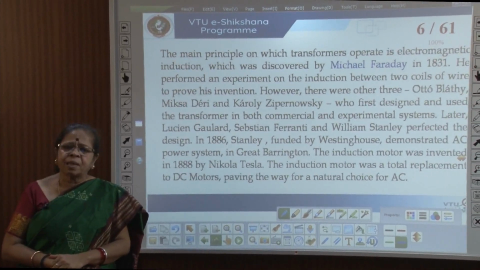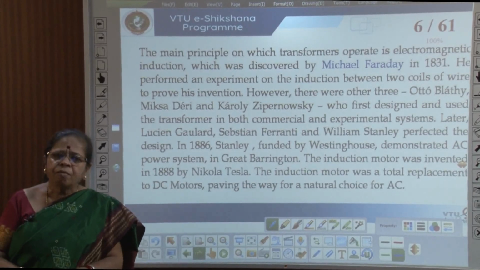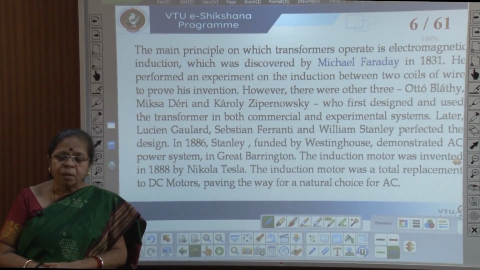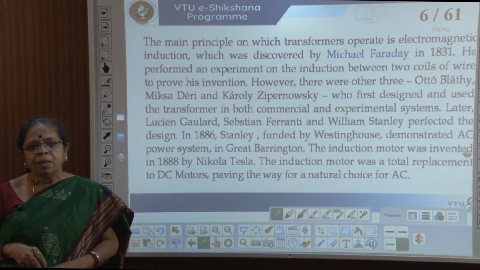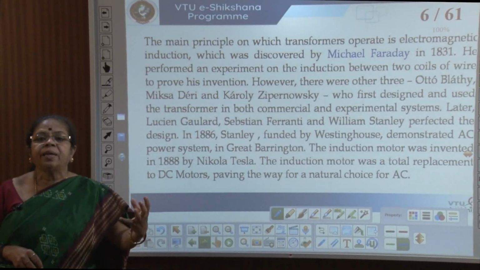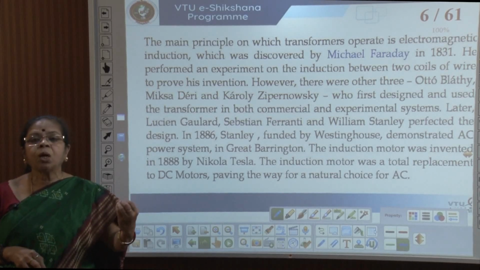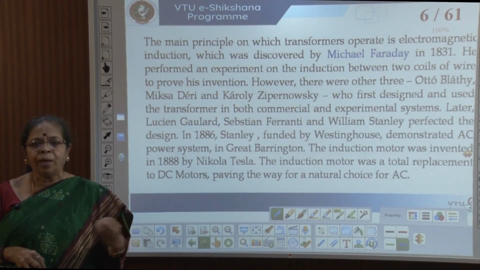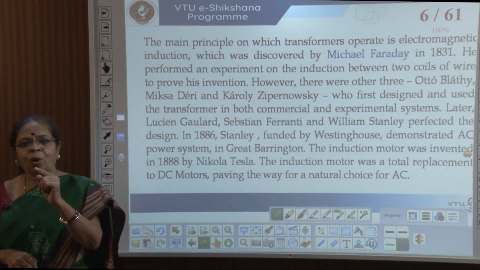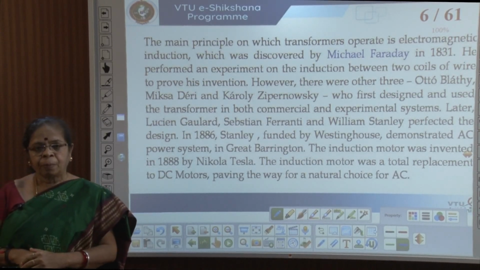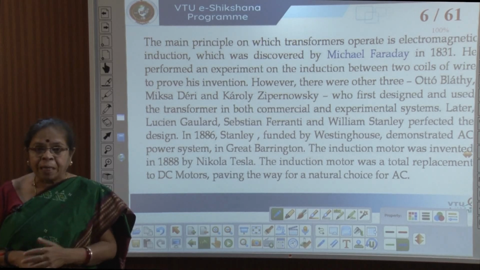I think in high school physics, we would have all seen Faraday's famous experiment. So what he did was he had two coils separated by a distance, and when one coil was energized, that means when one coil had current flowing through it, a galvanometer connected to the other coil deflected. So he was perplexed.